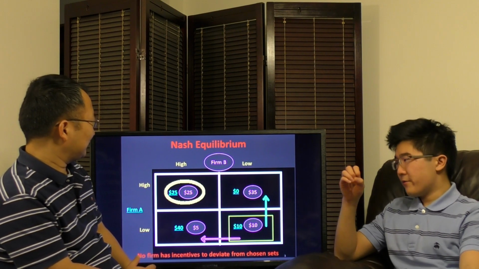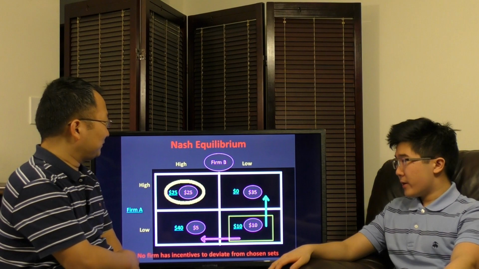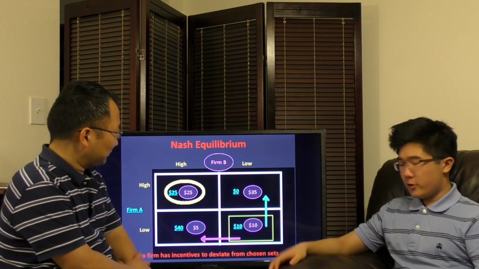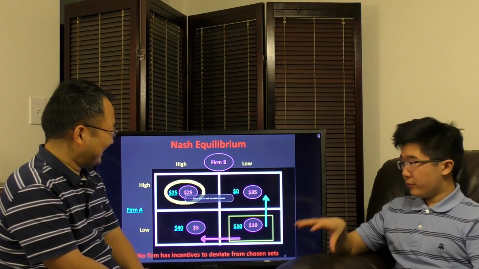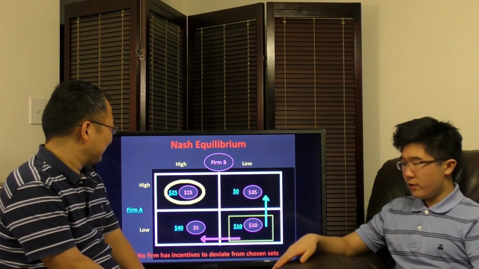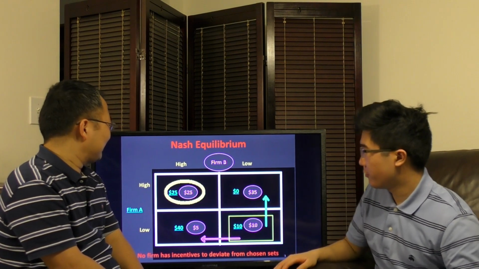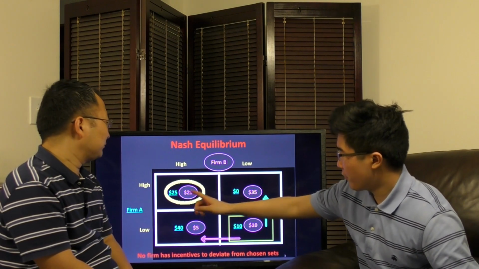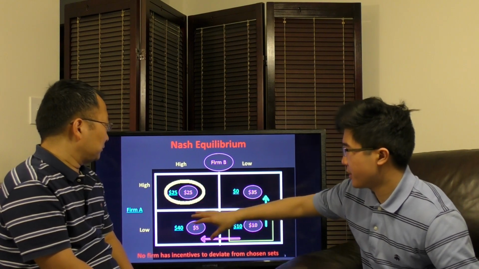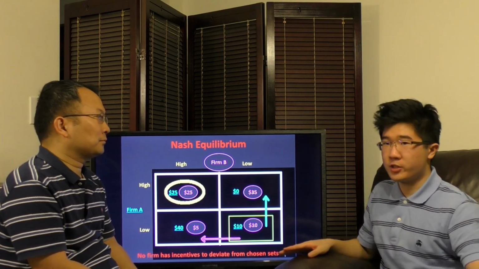And so then we have Nash equilibrium. Nash equilibrium is basically the equilibrium of behavior for two firms. Now, as Michael just mentioned, in the best case scenario where both firms collude, they will both price high because they will both make a lot more profit than they would both pricing low. And the total profit, $50, is the highest of any of the four situations possible.